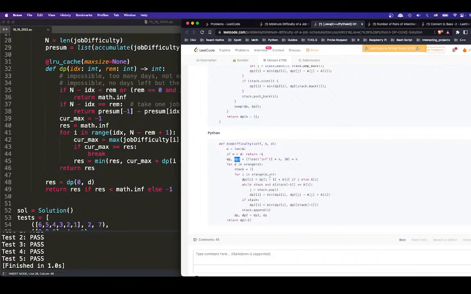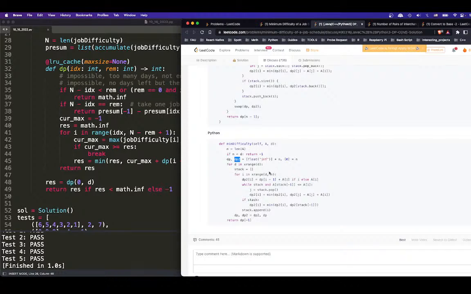And then I go from D to N. No, we start from 0.